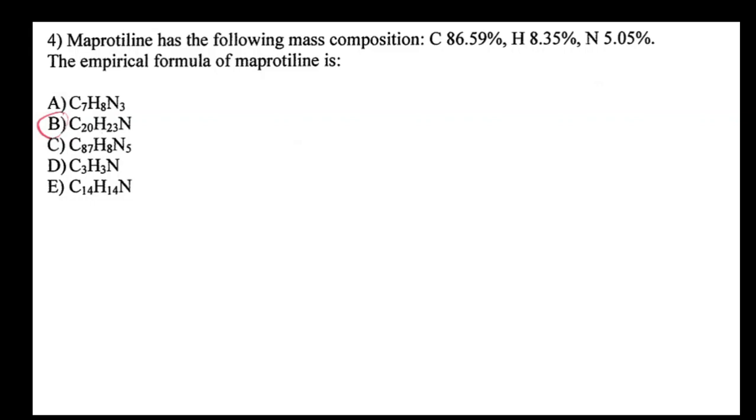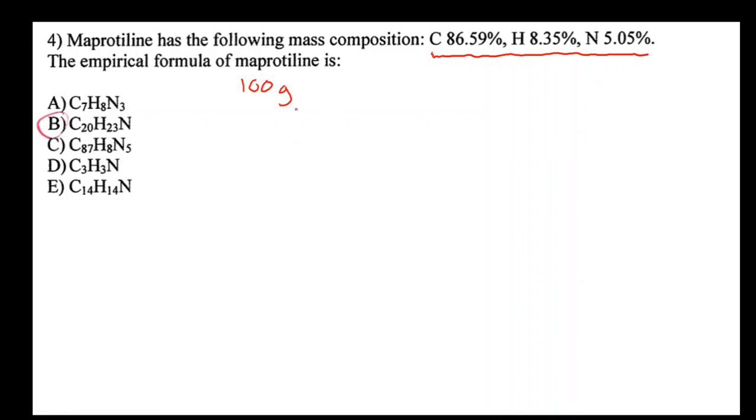So one way I always loved to visualize these questions is, since they give us percentages and they don't actually give us the mass of the sample, I like to imagine that we have 100 grams of whatever this molecule is.